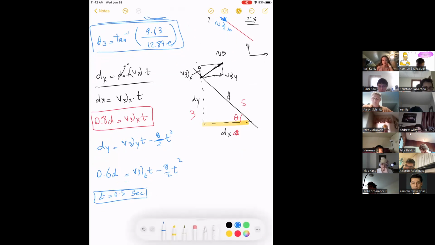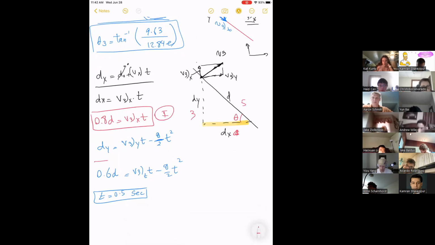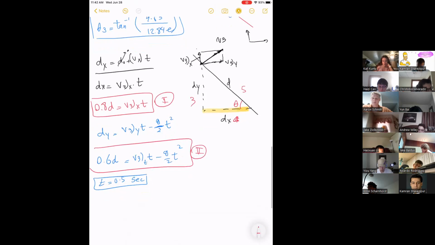This is equation 1, and this is equation 2. So from 1, you simply get 0.8d equals 0.5 v3x, because time t is equal to 0.5.